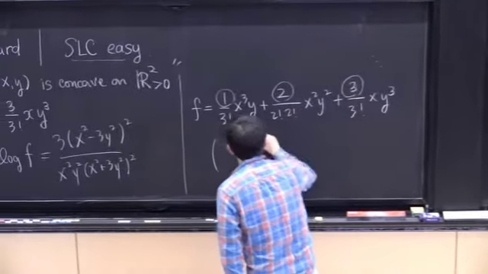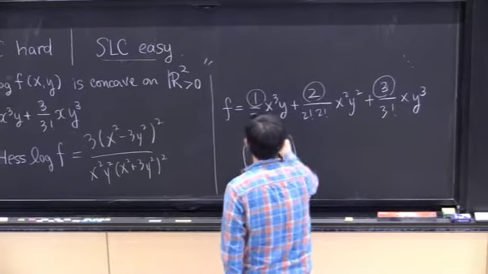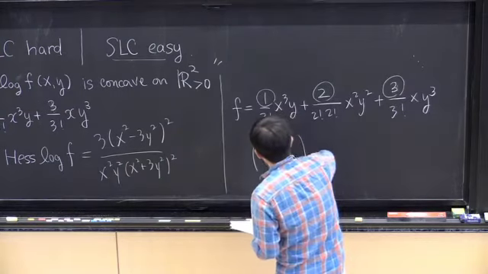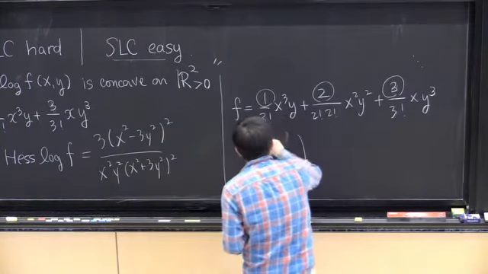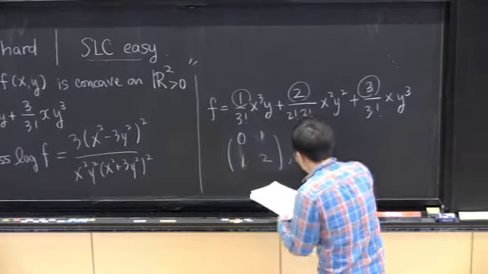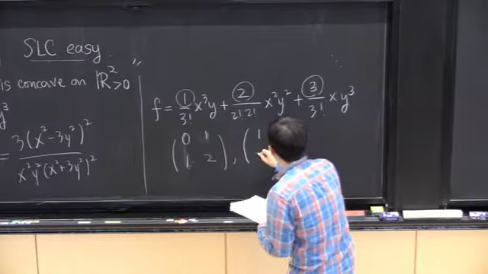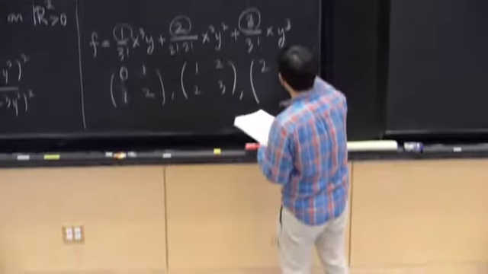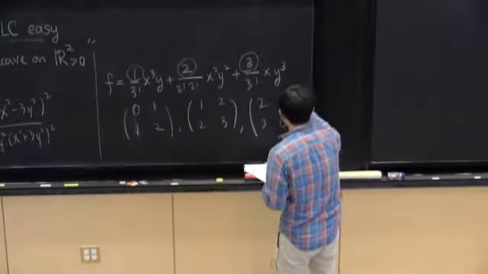And I have to check 3 things. 1, 2, 2. No, sorry. So I should start from 0. 0, 1, 1, 2. 1, 2, 2, 3. And 2, 3, 3, 0.